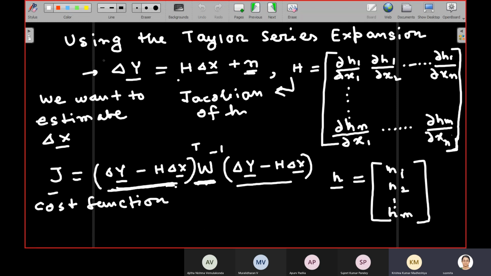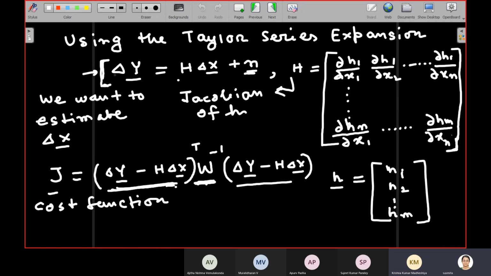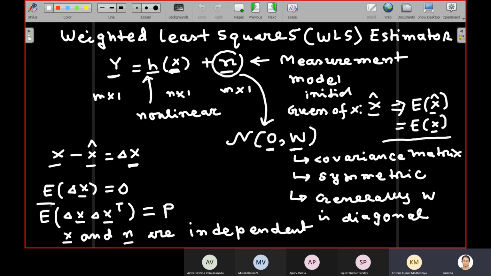We will make use of this equation. Here, the expectation of delta y is basically h times the expectation of delta x, and then the expectation of n. We already know that n is 0 mean, right? So the expectation of delta y is basically h times the expectation of delta x. And we already know that the expectation of delta x is 0.